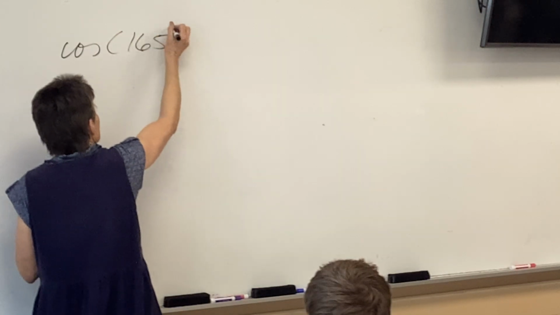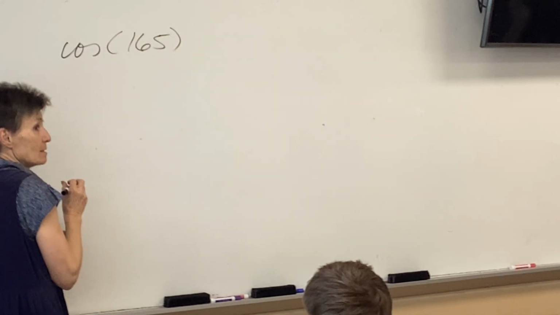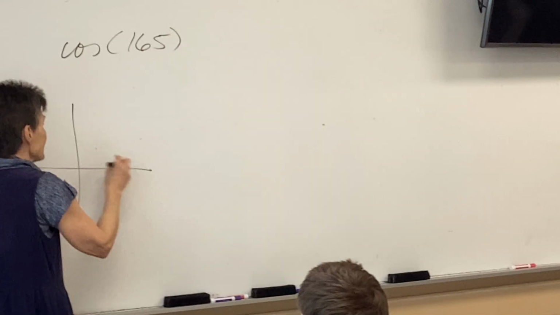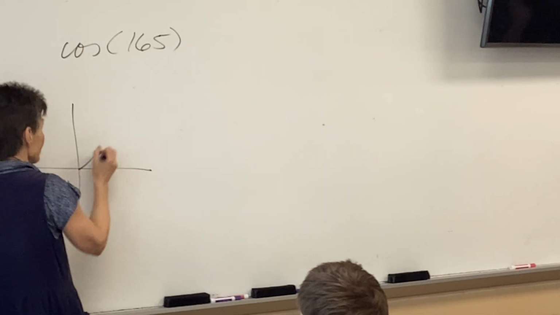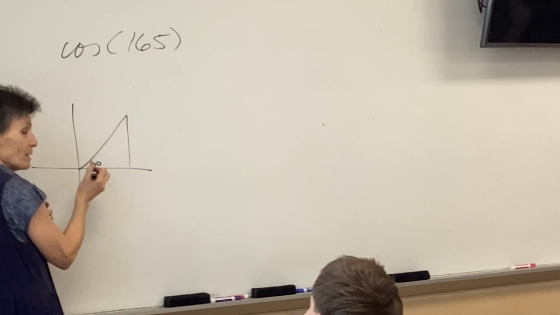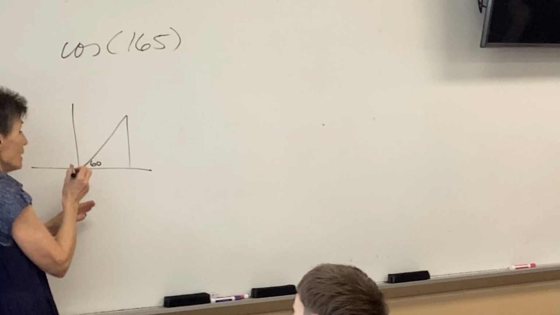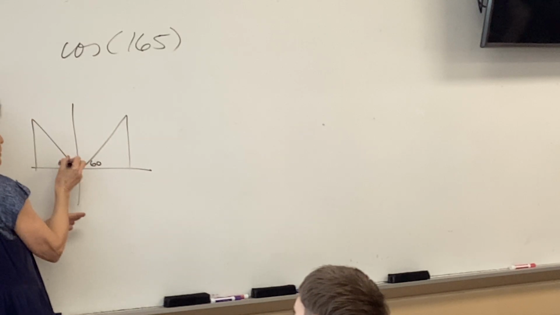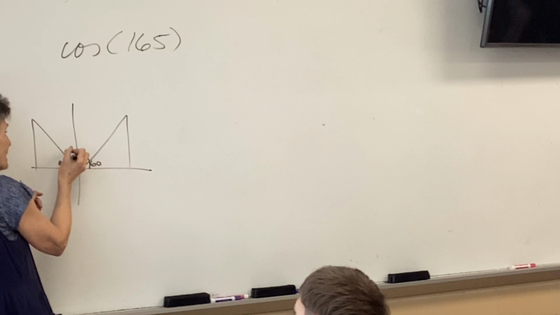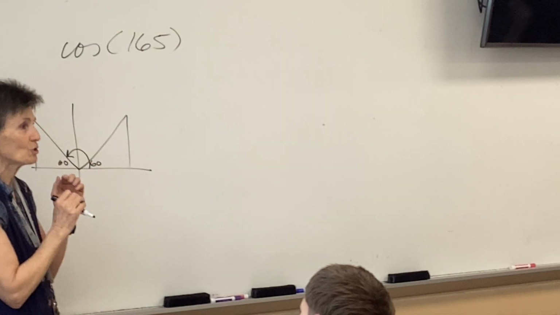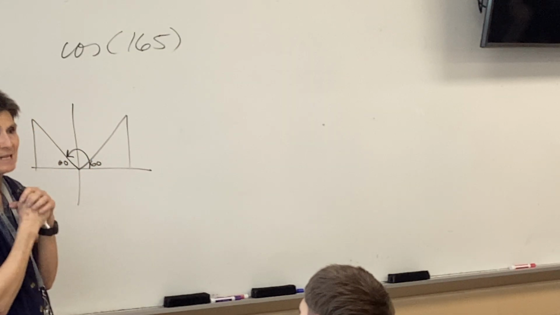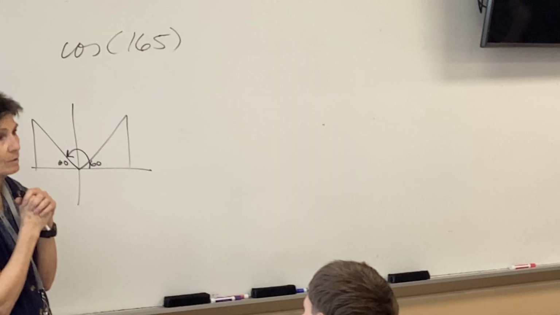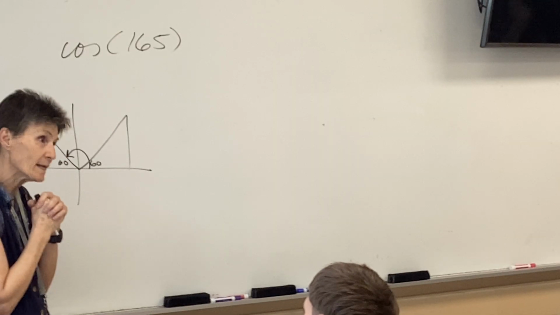But what I need you to remember is, when I look at a 60-degree angle, for example, I could have a 60-degree angle in quadrant 1. But what if I had a 60-degree angle in quadrant 2? What is the actual measure of a 60-degree angle in quadrant 2? 120.